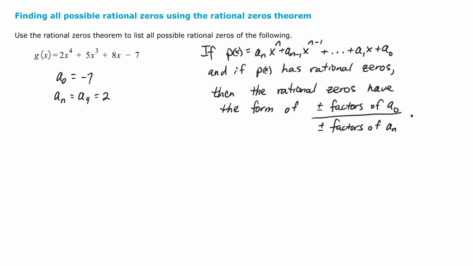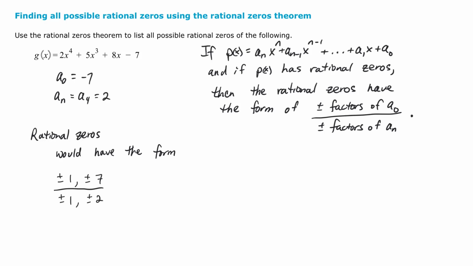So our rational zeros would have the form: plus or minus the factors of 7, so plus or minus 1, plus or minus 7, over all the factors of a sub n, which is plus or minus 1 and plus or minus 2.